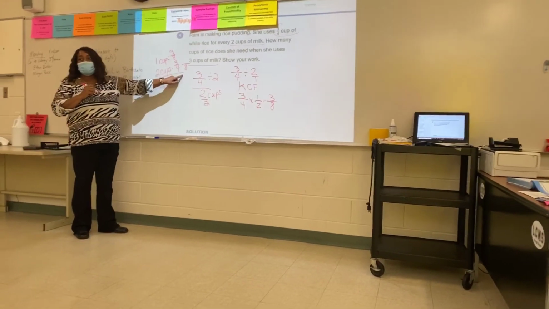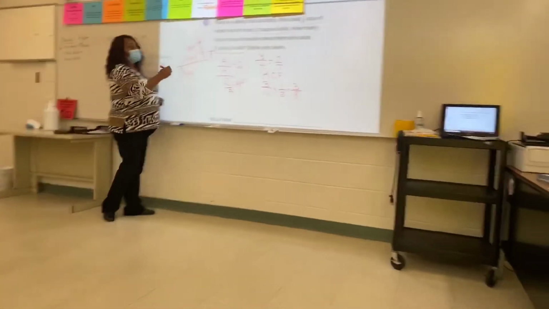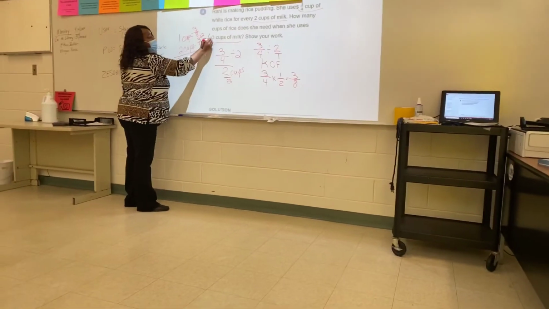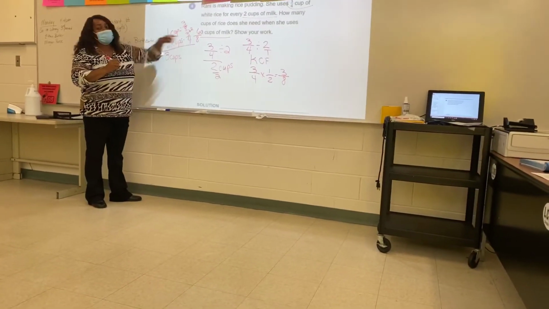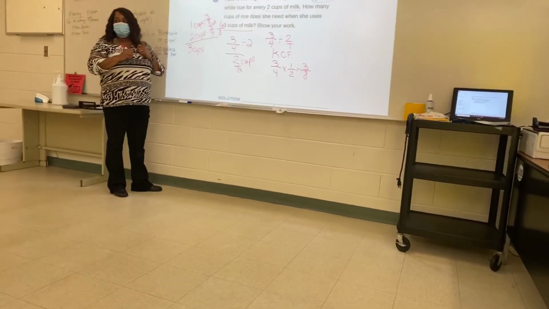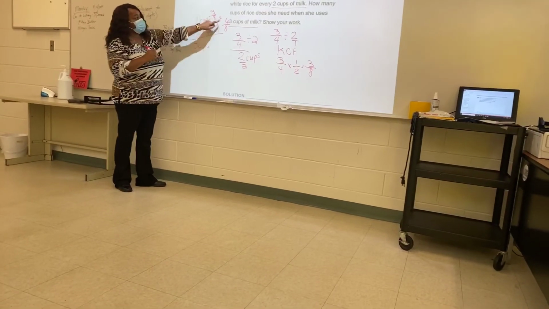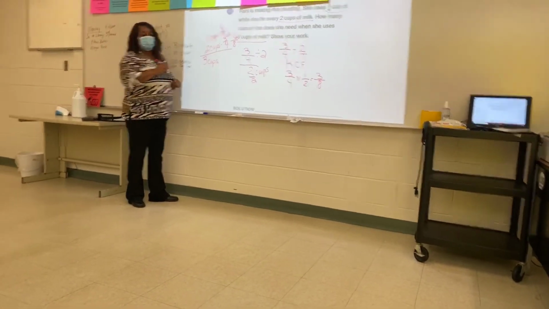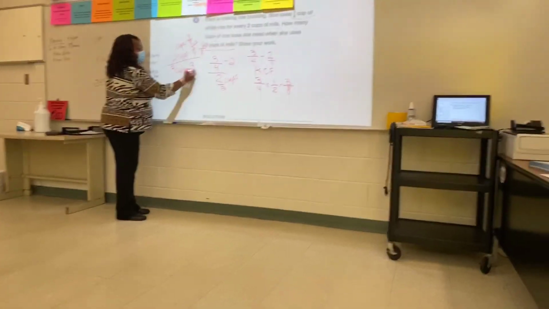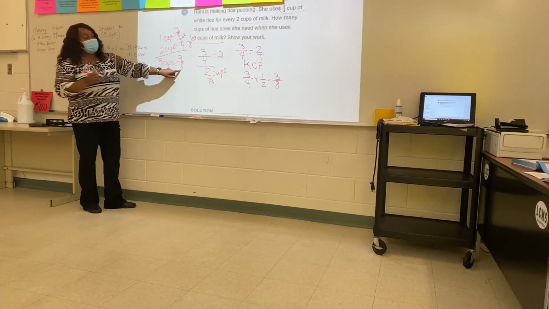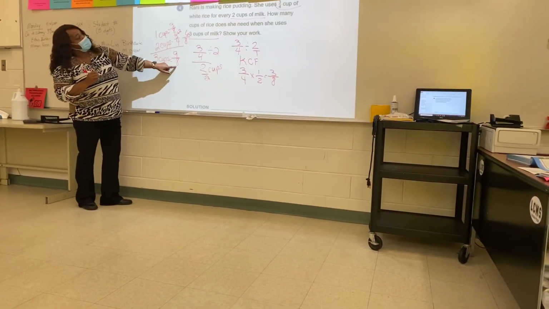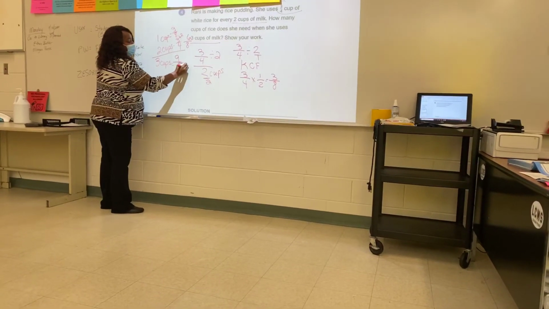Well, what we do to the bottom, we must do to the top. 3 times 2 is? 6. So now we have 3/8 plus 6/8 equals 3 plus 6, 9. Keep the same denominator. So for 3 cups, we need 9/8 cups of rice.